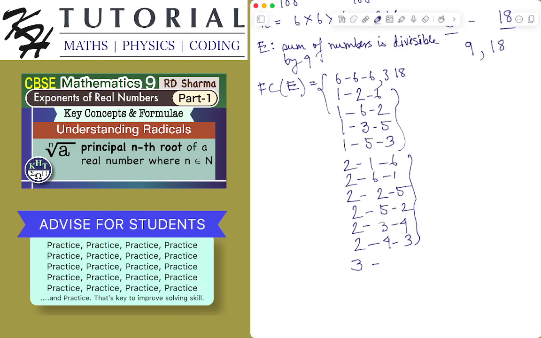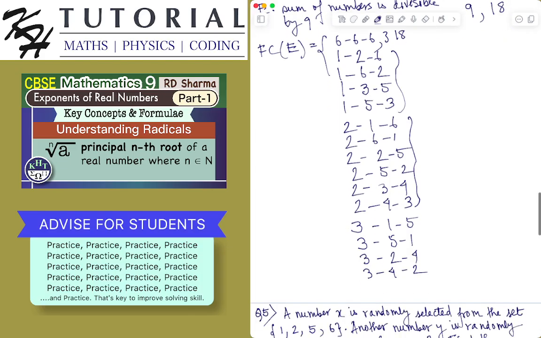So we can consider 1, 5; 5, 1; 2, 4; 4, 2; and 3, 3. This seems to be a very lengthy way of doing it. I don't know whether there is any smarter way of solving this problem, but since I have already started, let's complete all the possible outcomes.